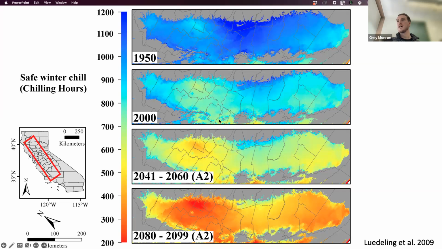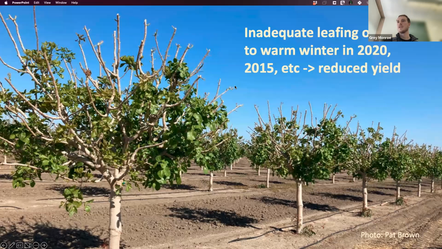This was published in 2009, and indeed, it wasn't long before we started seeing some of the consequences of this. This is a picture from 2020, but also in 2015, there were really warm winters. The consequence of this has been inadequate leafing out. So here we see pictures of these pistachio trees that aren't leafing out entirely.